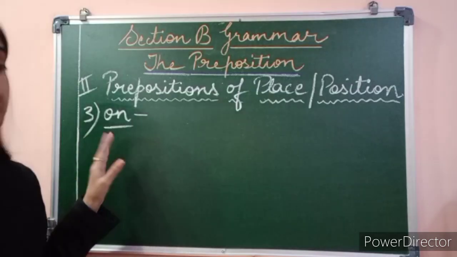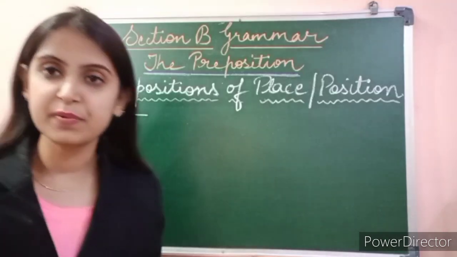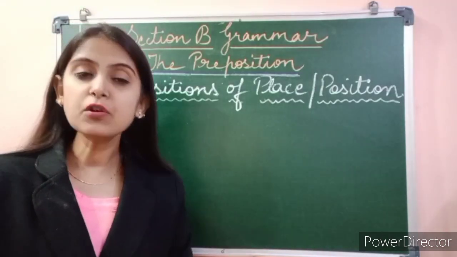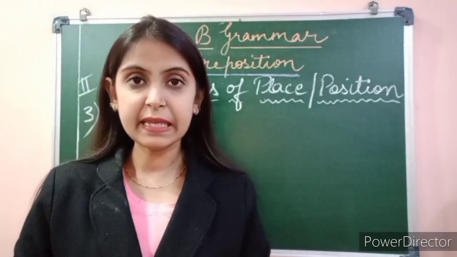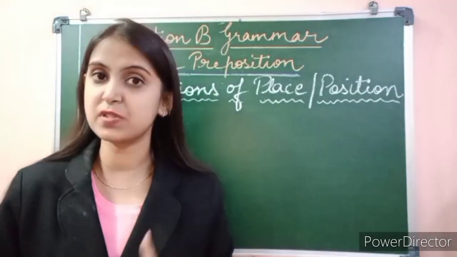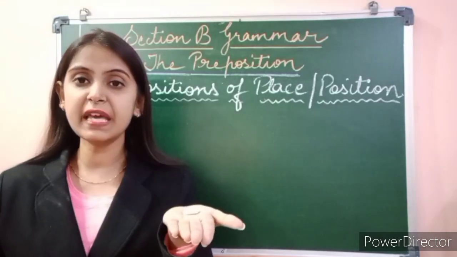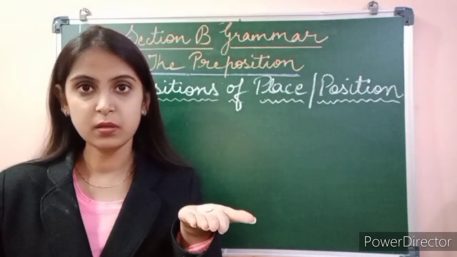Now next preposition is on. Now let us learn how on is used as preposition of place. Now children, when one thing touches the surface of the other thing, then we use preposition on. Okay, for example, the chalk is on my hand, right?